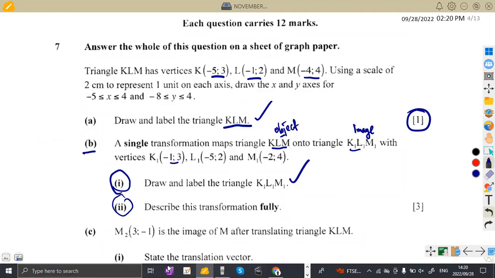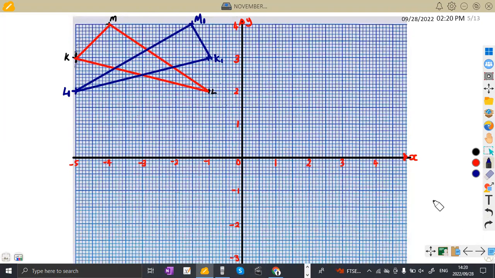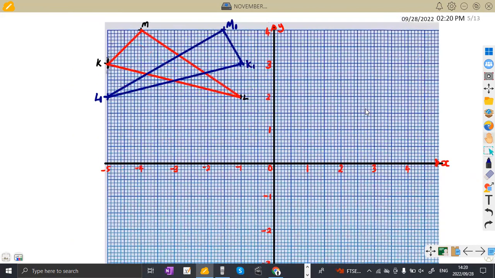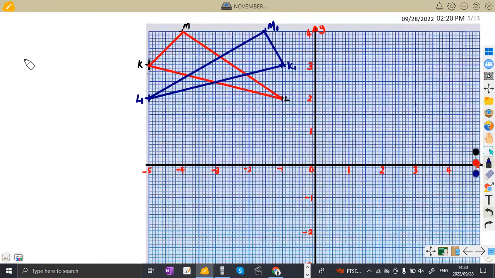The two triangles, as you can see, are isometries. The object, which is in red, and this image in blue, are actually congruent. They are the same. So remember I told you, if they are congruent, you're going to expect three answers: rotation, reflection, and translation. But which one is the best answer there?